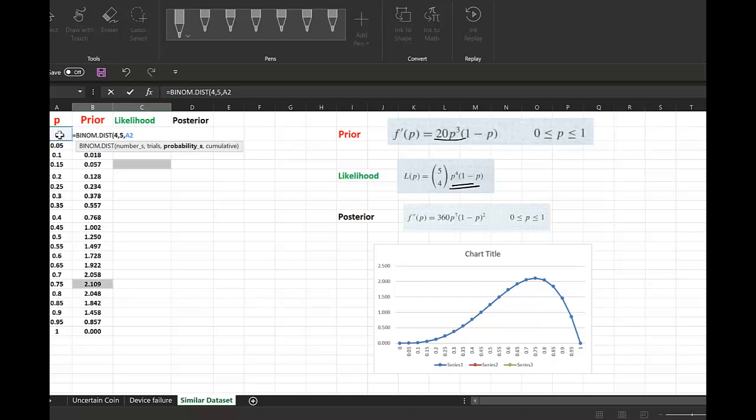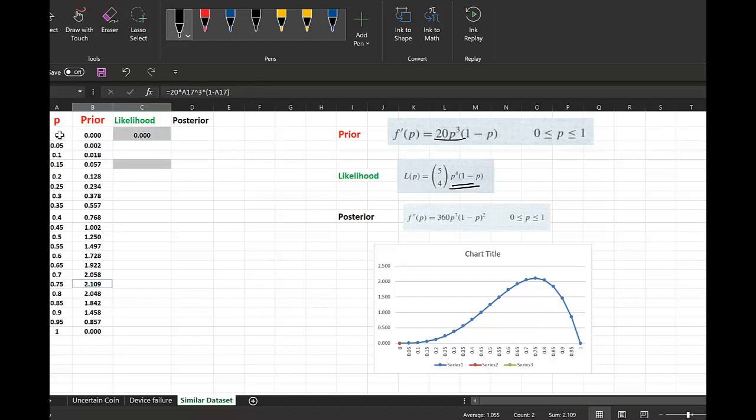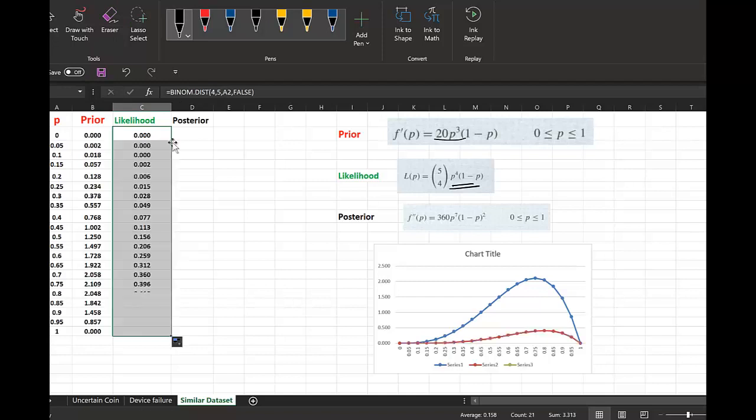We need not the cumulative, so let's put false, and this will give me the likelihood function. If I double click, this is the likelihood function, and it is shown here with the red line.